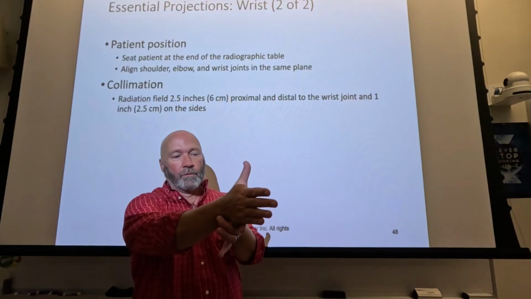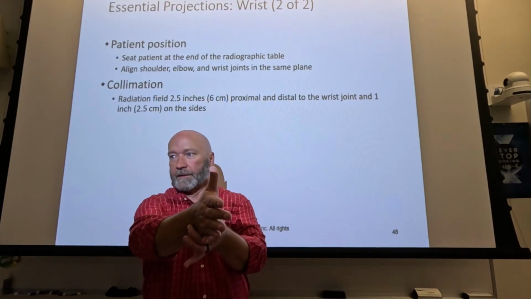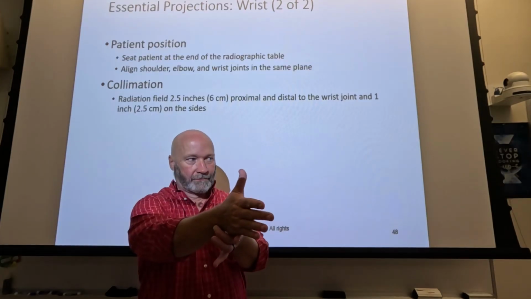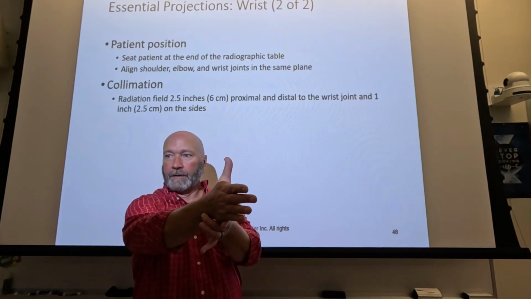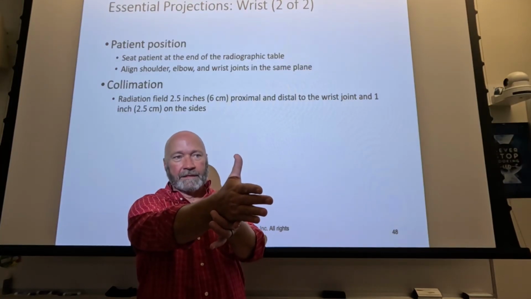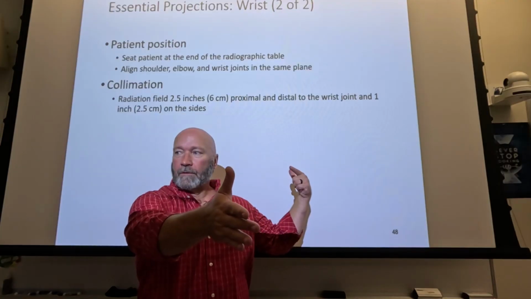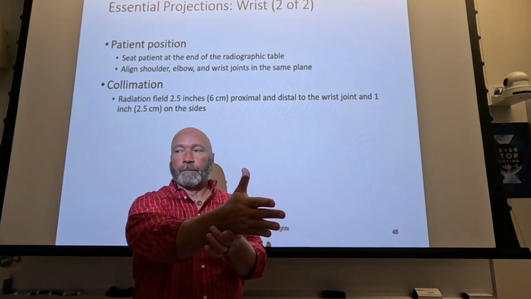So what the book also doesn't tell you, and this is a positioning trick that you might use in clinicals, is to supinate the hand just a little bit. If you externally rotate, supinate the hand just maybe 5 degrees, then the radial styloid is going to go that way, the ulnar styloid is going to go that way, and they're going to perfectly superimpose.